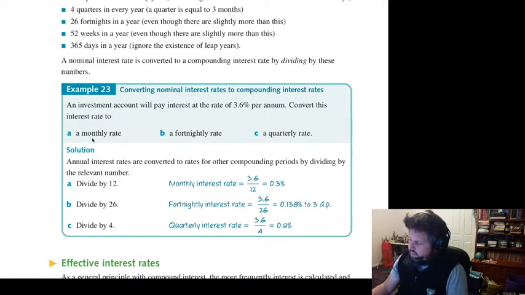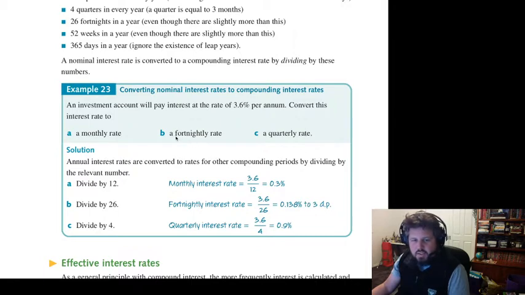You need to ask how many months there are in a year. There are 12 months in a year. So you divide that interest rate, 3.6, by 12, which comes out to 0.3%. That's the monthly rate.